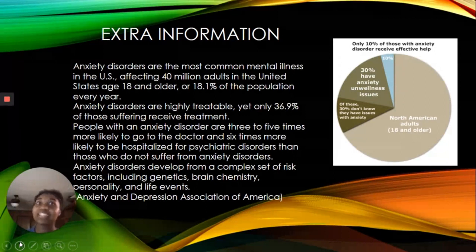Each disorder affects people differently, and no 2 people are the same. It could be your genetics, something that you dealt with when you were younger, something that happened in your life, or even just your brain chemistry.